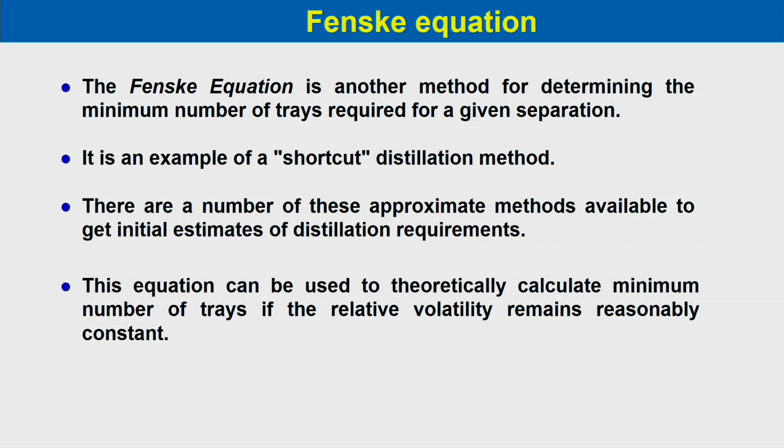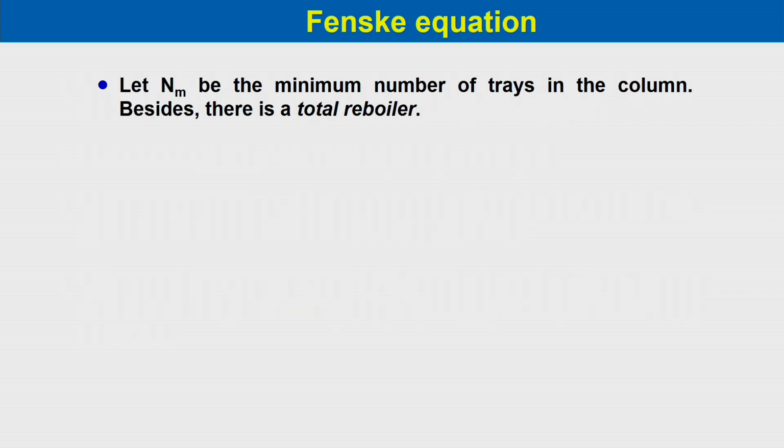This equation can be used to theoretically calculate the minimum number of trays if the relative volatility remains reasonably constant throughout the column. Now, let Nm be the minimum number of trays in the column.